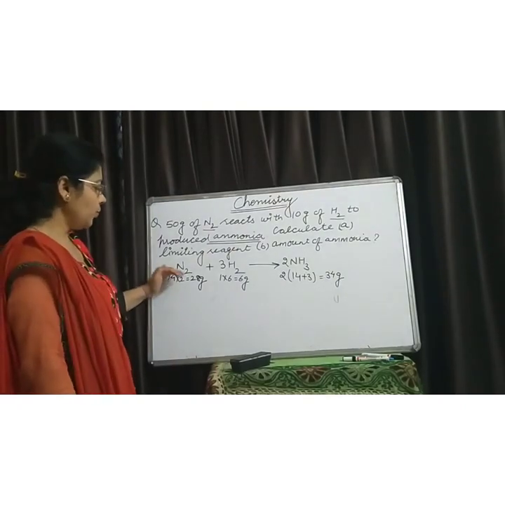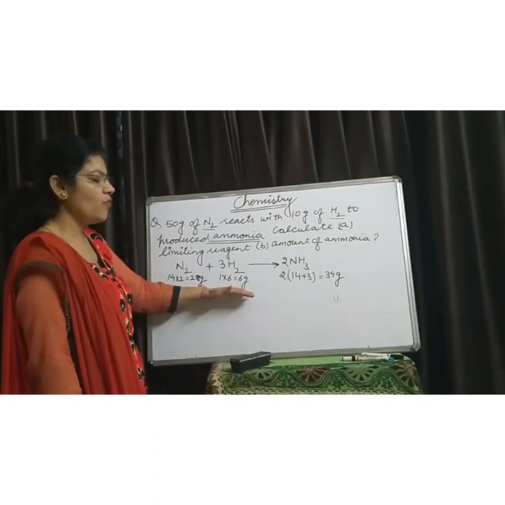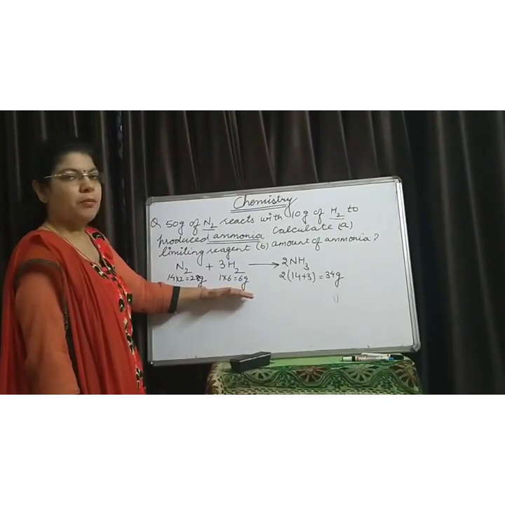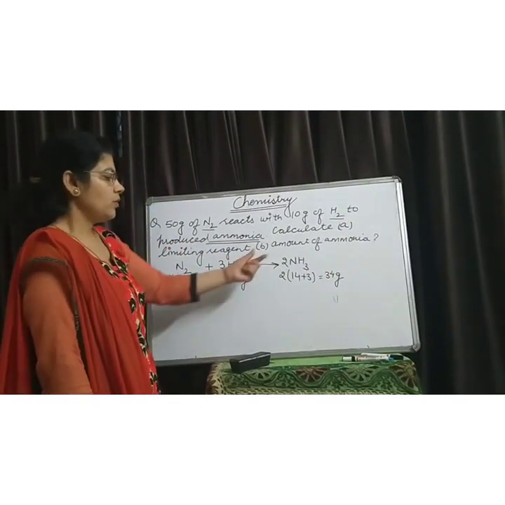This means when 28 grams of nitrogen reacts with 6 grams of hydrogen, it produces 34 grams of ammonia.